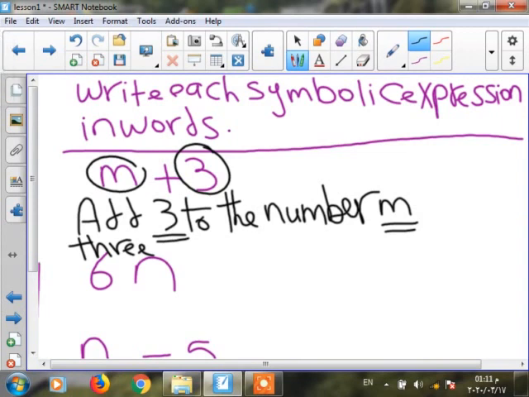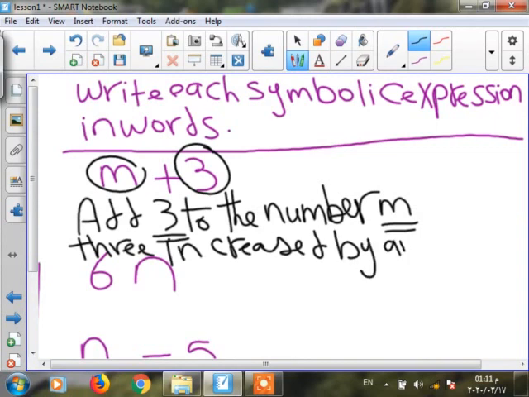Plus equals increase. So 3 increased by a number m. So I have two words meaning plus: the sum or increase.